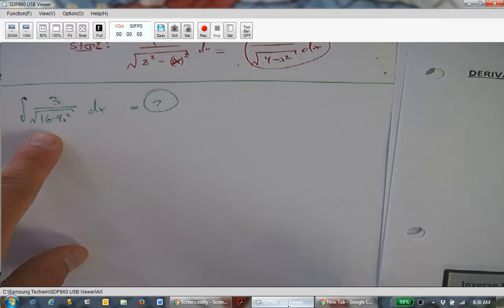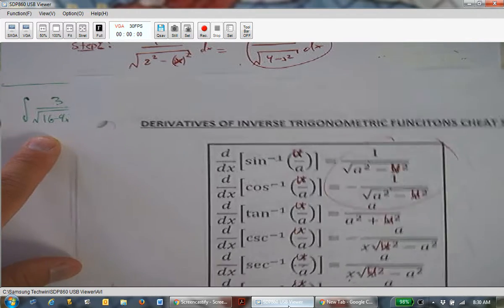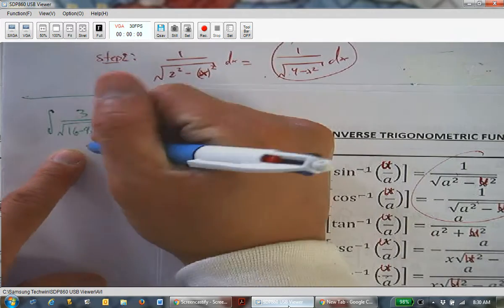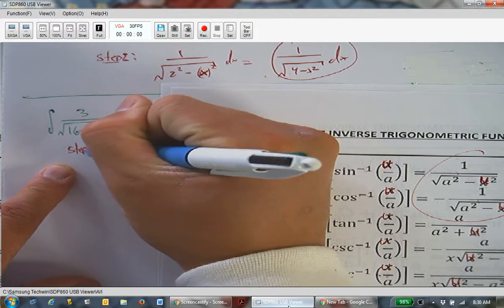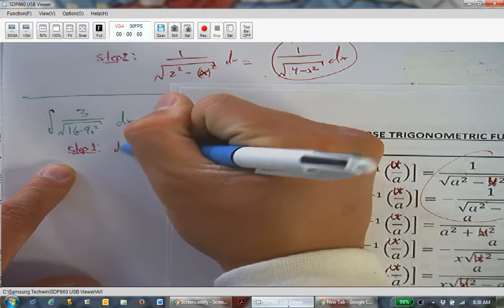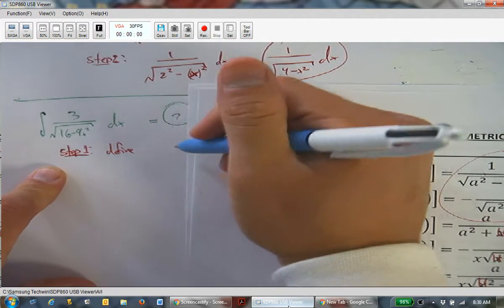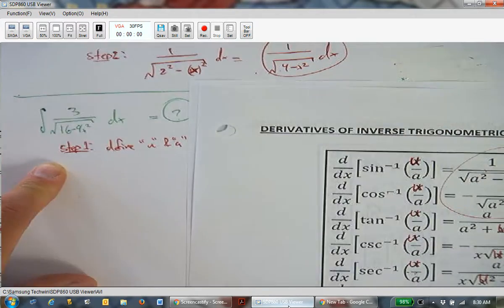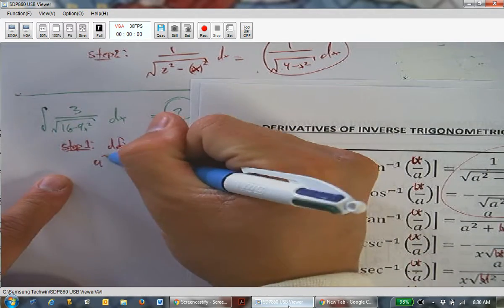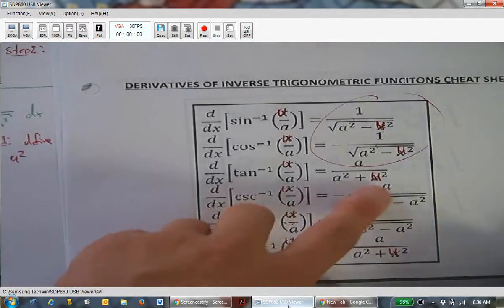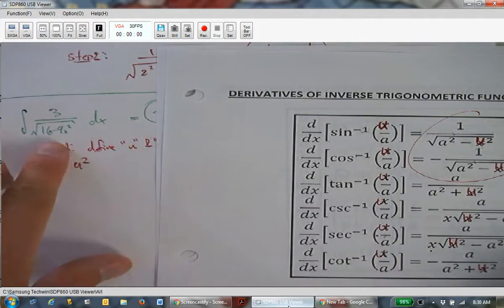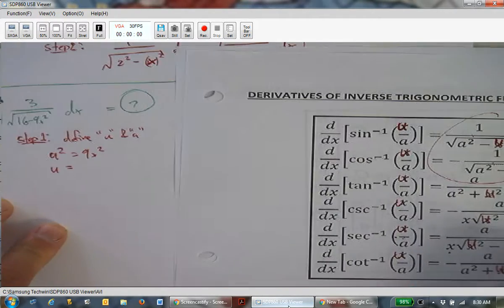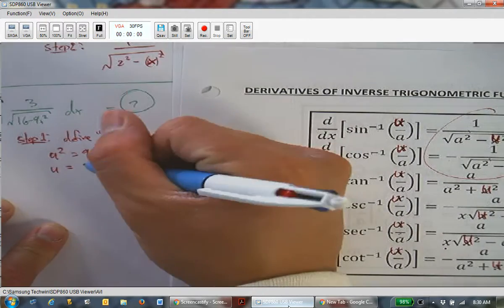I don't know if that's going to add more confusion, but imagine those as basic u's. The reason I say that is that my first step would be to define your u and a. I'm going to say that u squared, in this case, is 9x squared. What would that make u? 3x.